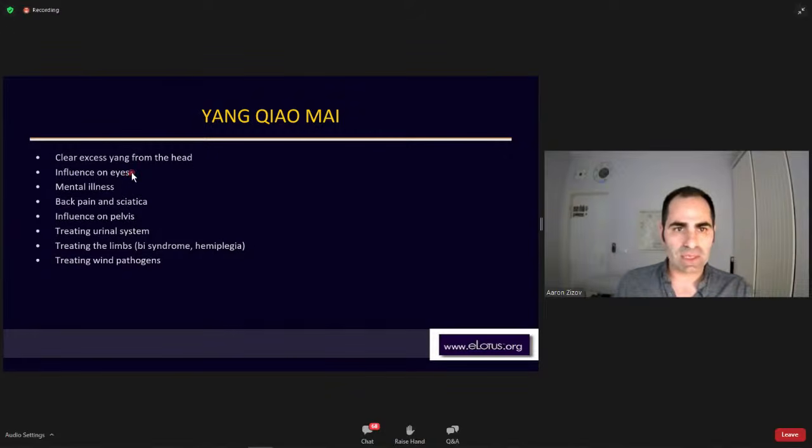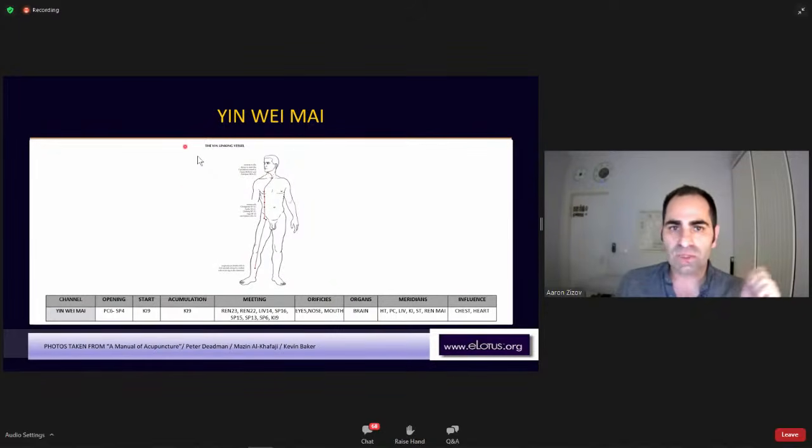So, cleaning excess yang or heat from the head, influence of the eyes, and so on. Again, if you go by the pathway, you will understand what the channel might do externally and internally with the internal branches. After that, we talked about yin wei mai with the opening point of pericardium 6, spleen 4 as secondary, influencing the chest and the heart, organs influencing the brain.